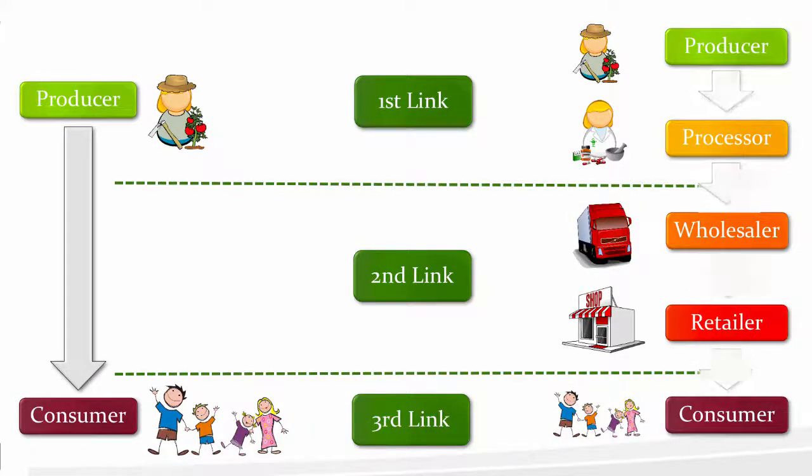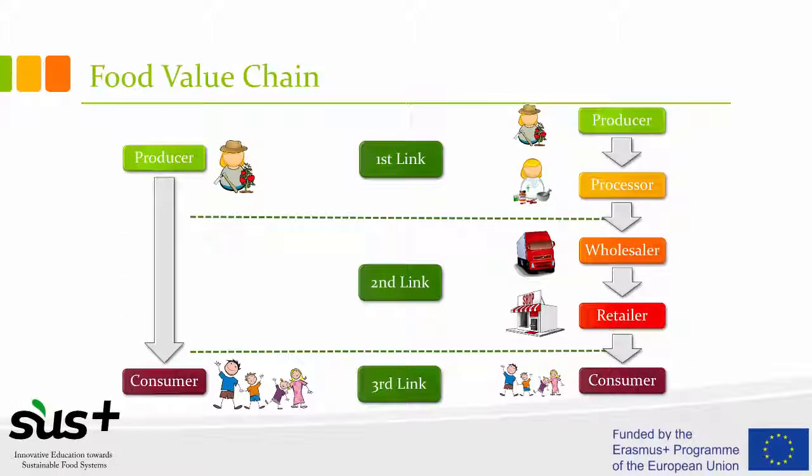It's a longer food chain, one that includes several links with processing, logistics, stocks, distribution agents, etc. And depending on the type of products, its complexity or even its origin, sometimes this is the only way to reach the consumer.